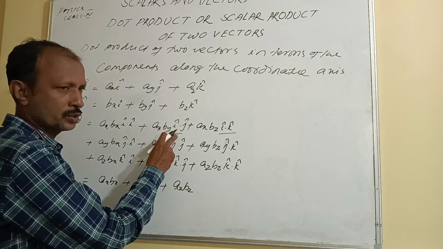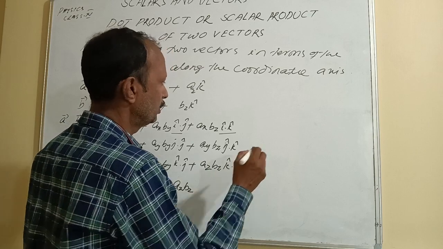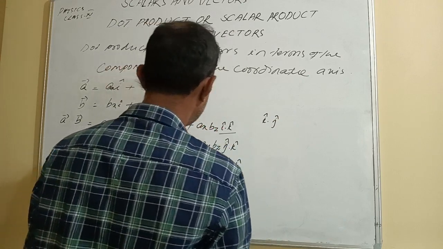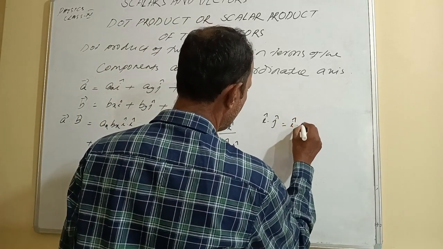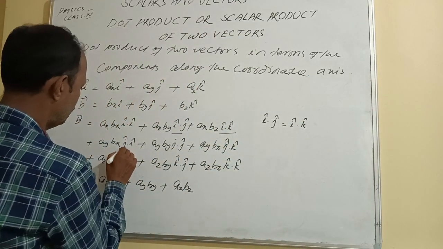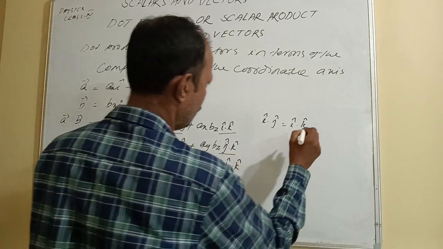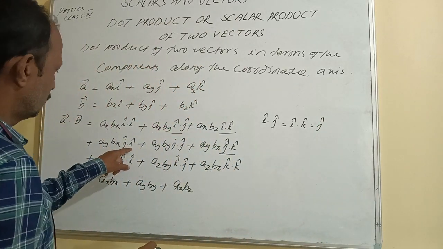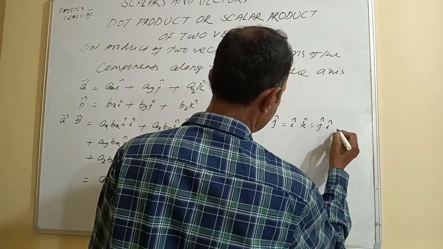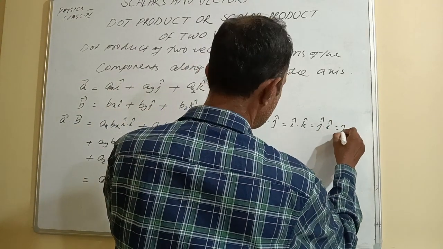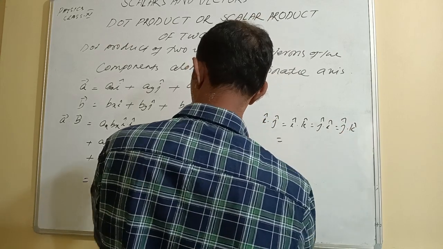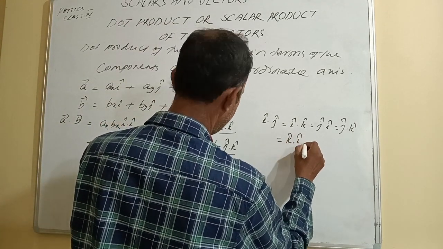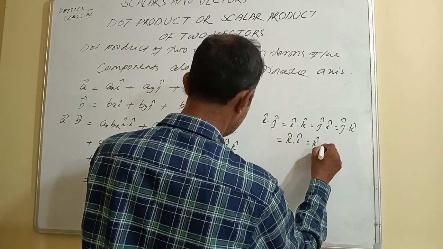These are the unit vectors. i cap dot j cap is equal to i cap dot k cap, j cap dot i cap, j cap dot k cap, and also k cap dot i cap is equal to k cap dot j cap.